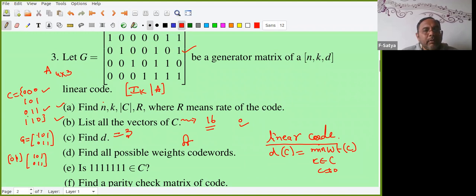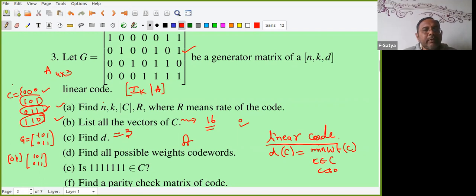So what is the distance of this code? Means out of all, we need to see the distances of different vectors and take the minimum. But for a linear code, there is a simple way. Find the weight of this vector, weight of this vector, and weight of this vector, and take the minimum.